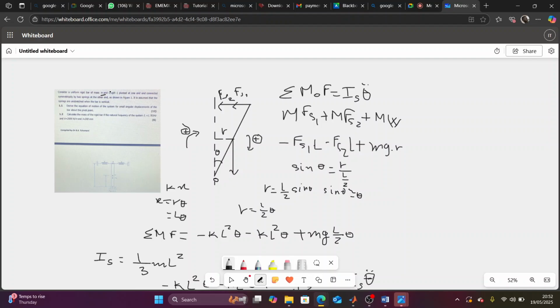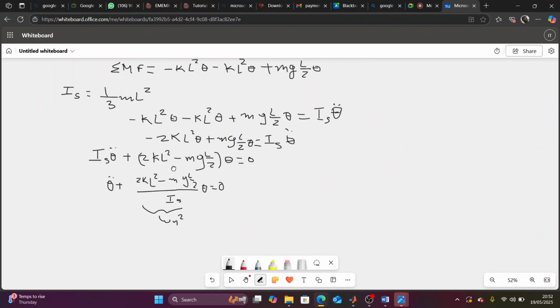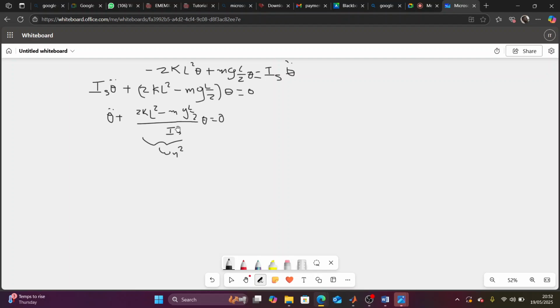Now what do we do from here? What is the question saying? We got the equation. They said calculate the mass of the rigid bar. How do we get that mass, guys? We need Wn.